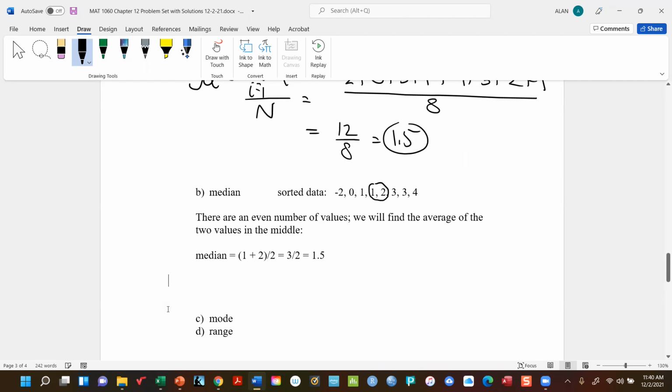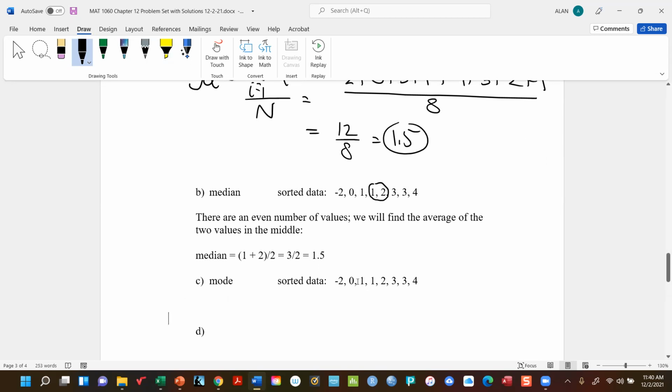And then the mode, again, remember, all we need is the most common value in that sample. And if you look at it carefully, you'll see something interesting. Oh, what do you know?